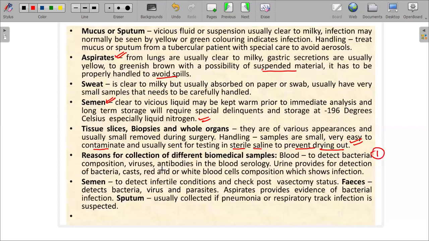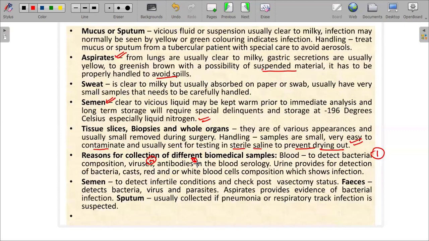We also have to identify viruses. That is number two. Antibodies in the blood, serology, is number three. Remember that antibodies are the cells in the body that fight against infections.